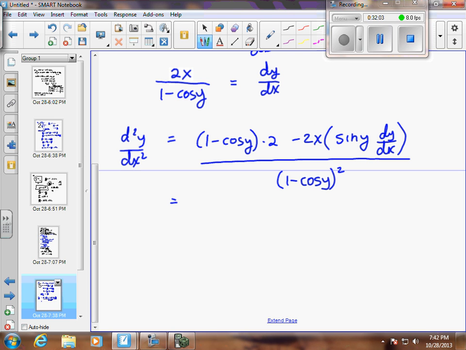We could distribute the 2. We can distribute the minus 2x. And we can replace dy dx with that expression over 1 minus cosine y.